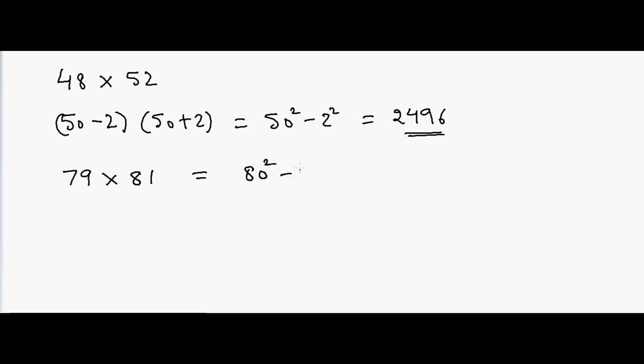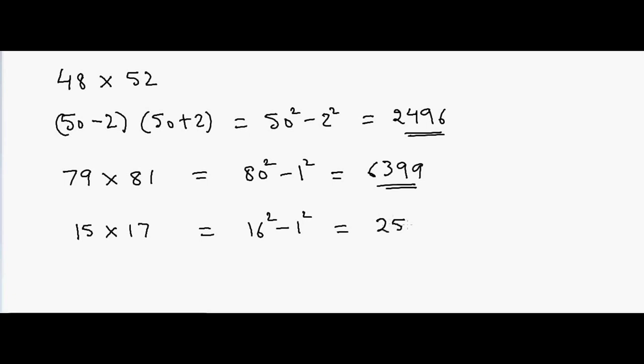Same way, suppose I have to do 79 into 81, so the answer will be 80 square minus 1 square. So this will be equal to 6399. Suppose we have to do 15 into 17, in that case it will be equal to 16 square minus 1 square, that's equal to 255.